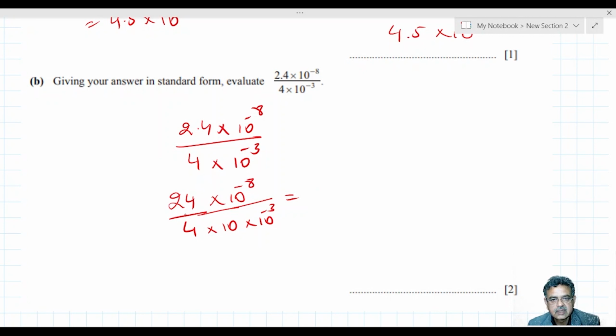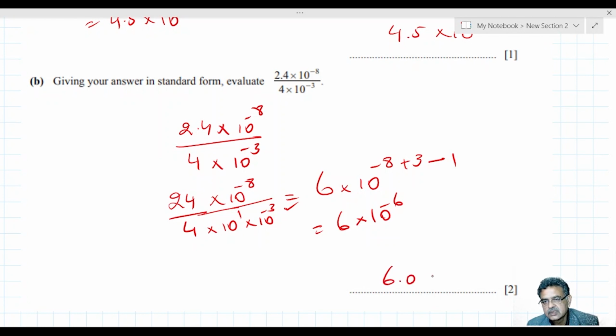So when we cancel these two values, it will be 6 into 10 raised to the power minus 8. This 3 will become positive upwards, and this 1 will become negative 1. So minus 9 plus 3, that will be minus 6. 6 into 10 power minus 6. So the answer is 6.0. It's better to write more precisely.